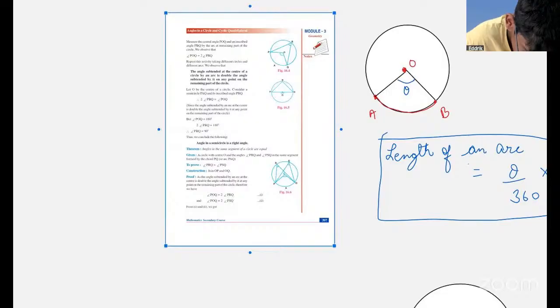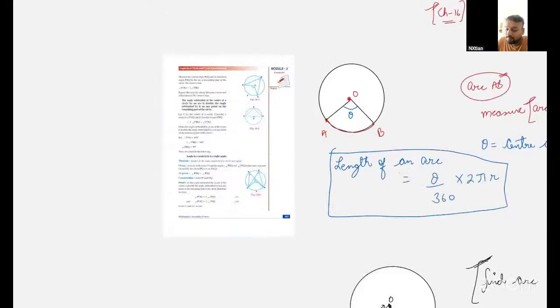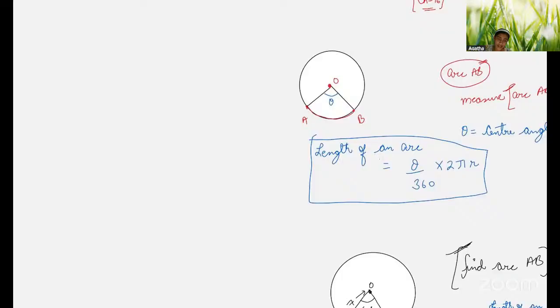Into 2 pi r, right? Because circumference is 2 pi r, right? Circumference is 2 pi r. Perfect. Sir, area of a sector is theta upon 360 times pi r square, right?